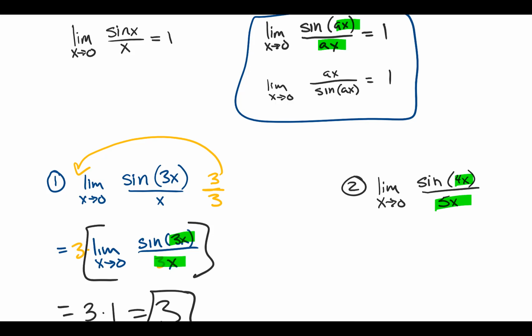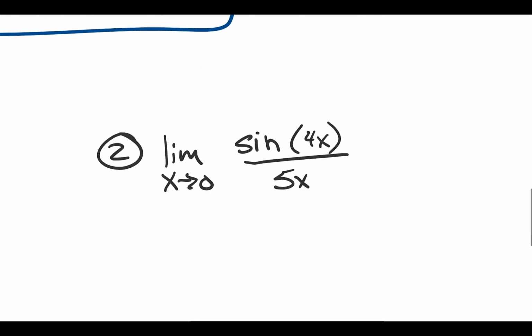I don't think 4x is the same thing as 5x. So I'm going to use the same idea with multiplication down here, and look at this 5 and go, that thing's not a 4. I'm going to yank you out to the other side, except it's not a 5. It's actually a 1/5.